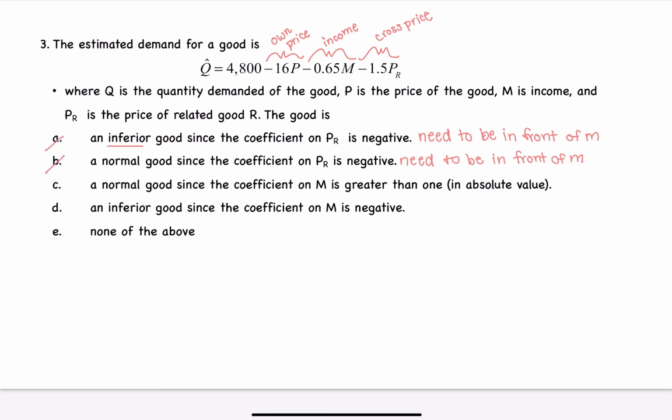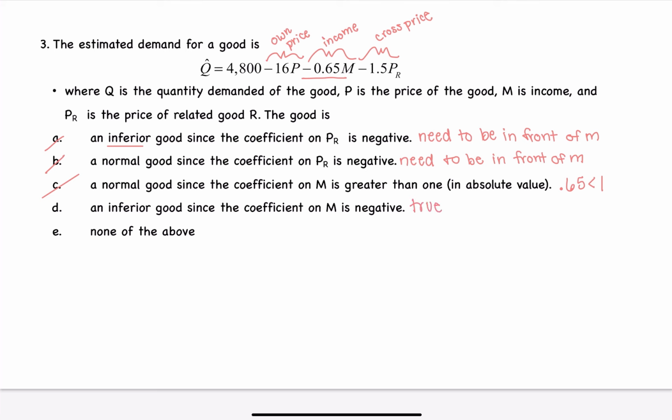A normal good since the coefficient on M is greater than 1. Well, that's not even a true statement since 0.65 is less than 1. But also not how we judge. And then D says an inferior good since the coefficient on M is negative. This is true.